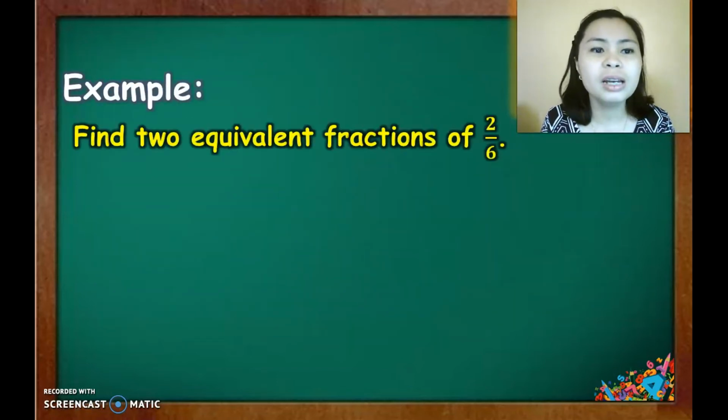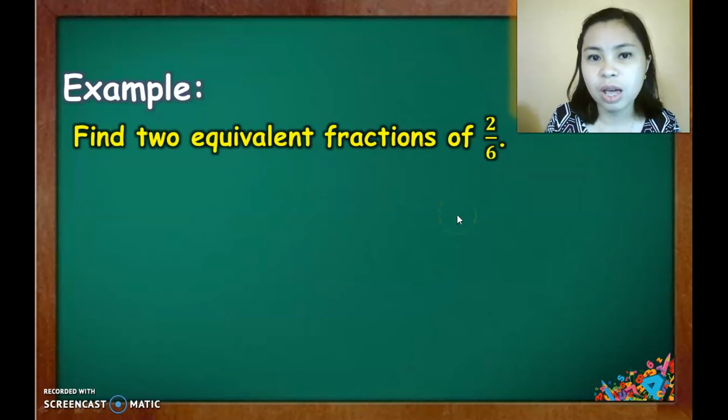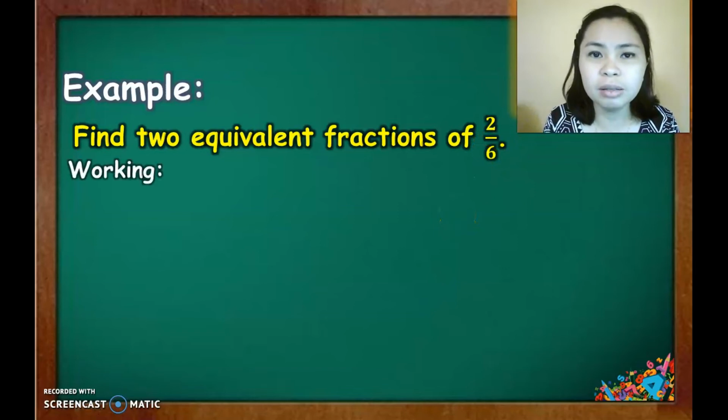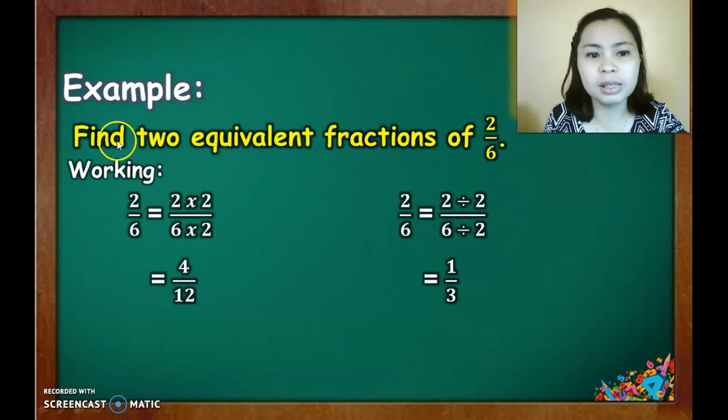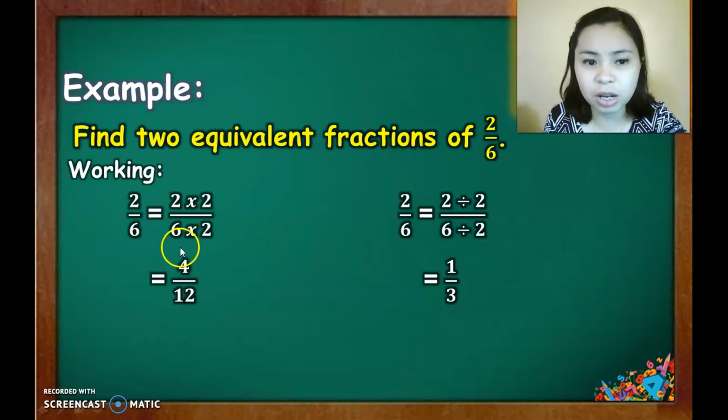Okay, let's have an example. Find 2 equivalent fractions of 2/6. On the first part, this is the number 1 rule: you multiply. In your working, you write the given fraction 2/6 is equal to the given fraction multiplied by a non-zero whole number to get the equivalent fraction.